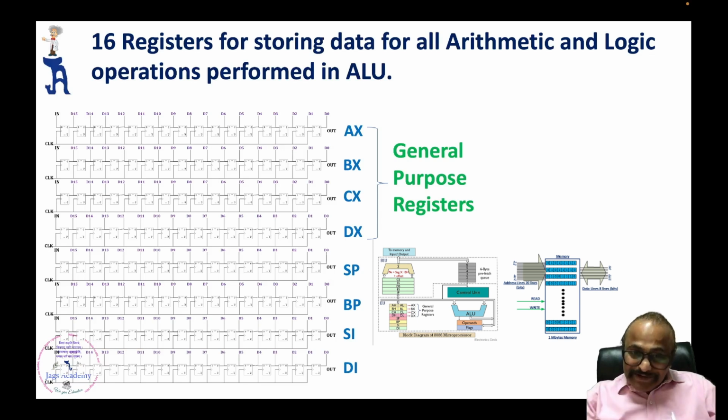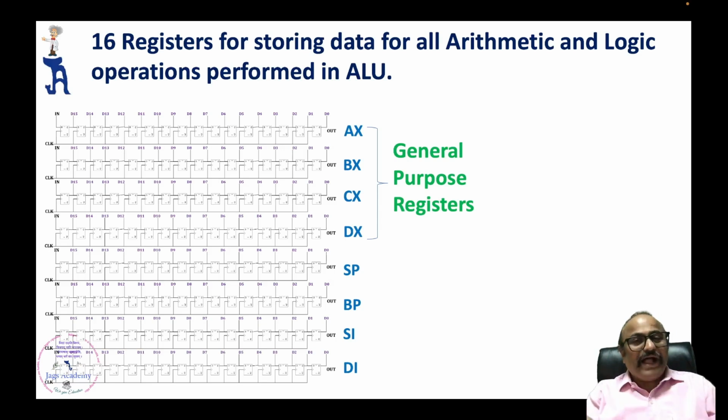So memory pointers can also be stored in the 16-bit registers, and you can also store your data, nothing but operands, in them. This storage element is part of your microprocessor. Any modern present-day processor has this.